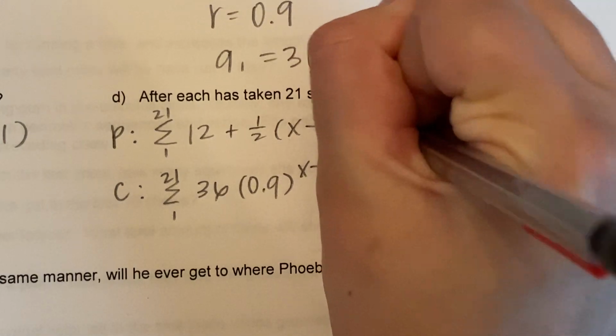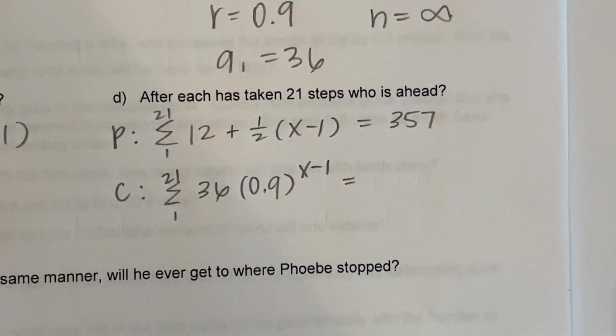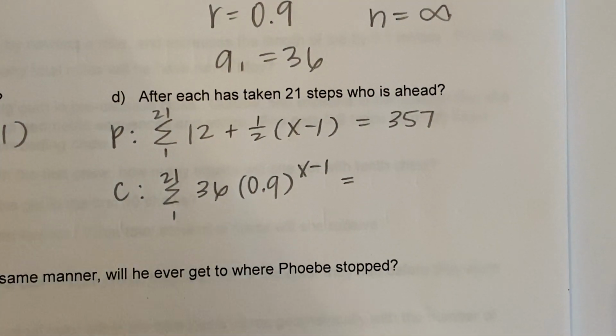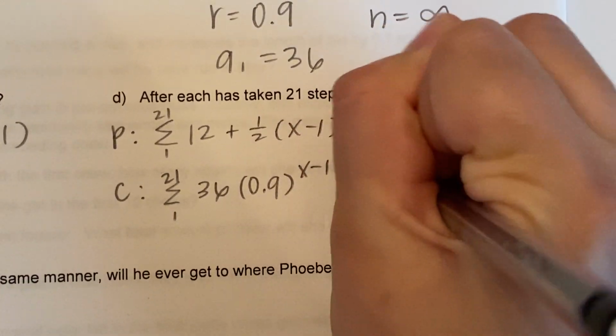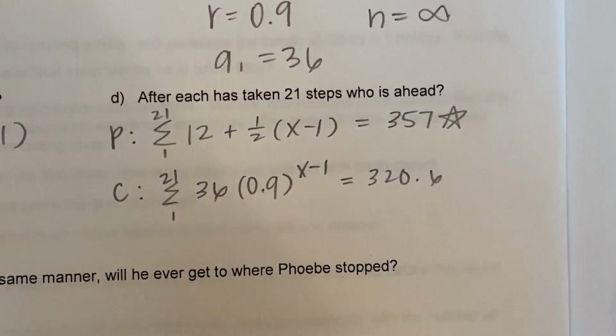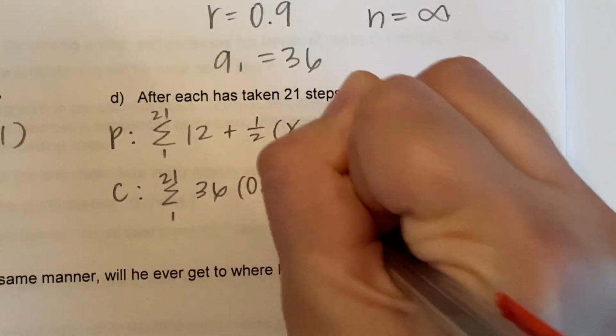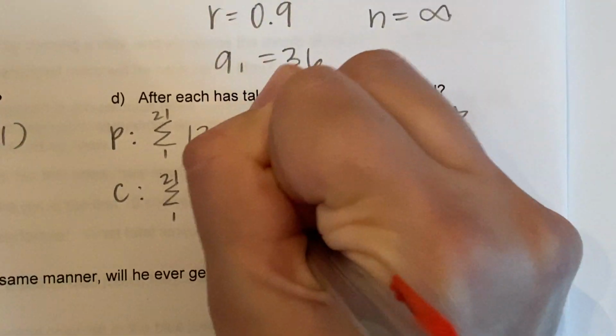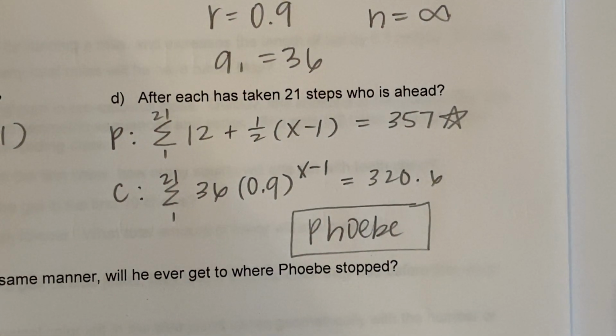Phoebe is 357, Calvin is 320.6. So who's ahead? Phoebe. Good job, Phoebe. So even though Calvin's steps were bigger, Phoebe got further ahead because of math.